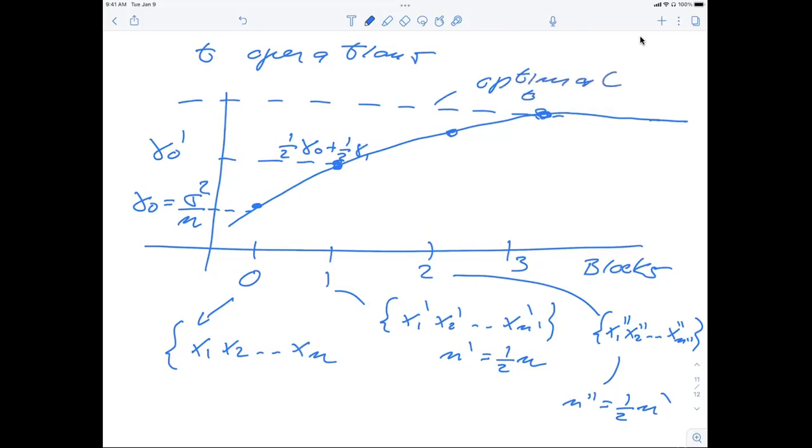And the size of the blocks then tells you something, or how many times you have to split it. It tells you something about what is the distance between measurements before you can start thinking of treating these measurements as independent and identically distributed.